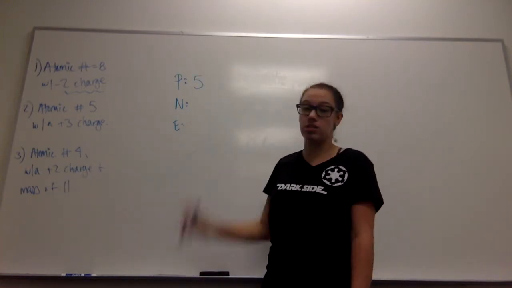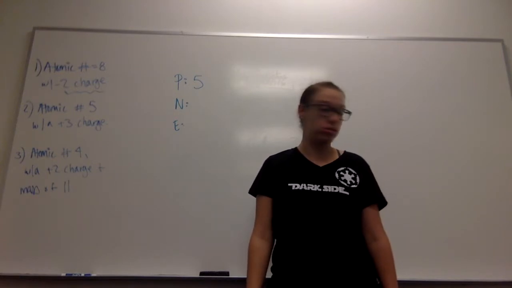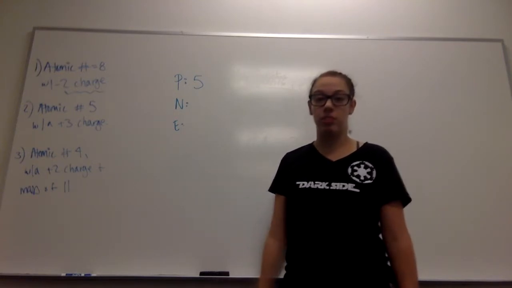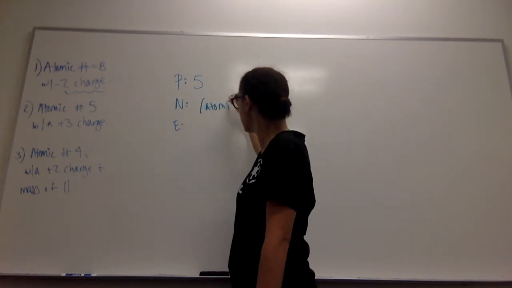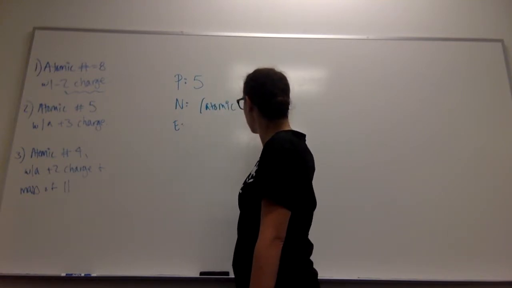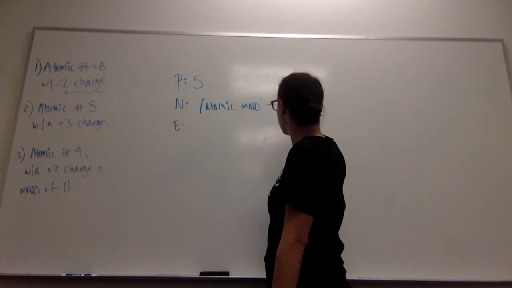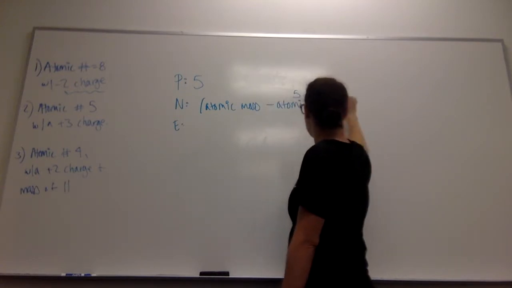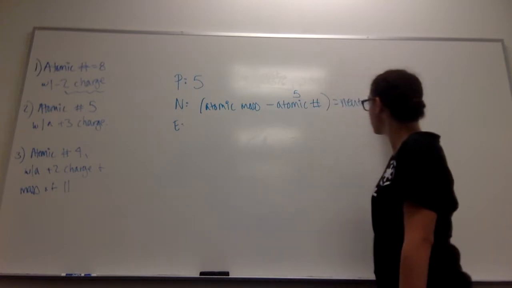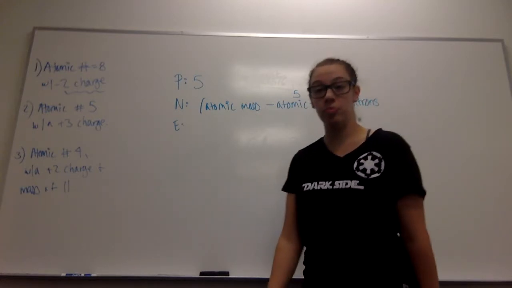Our neutrons, we have to look on the periodic table, and I haven't looked up that, so you need to do the atomic mass minus the atomic number, which is 5, to get your neutrons. So you'll have to look that up.